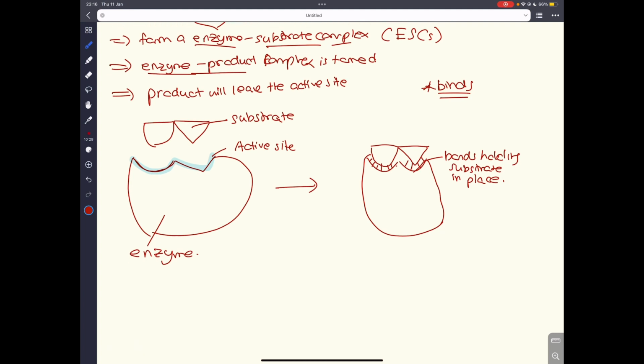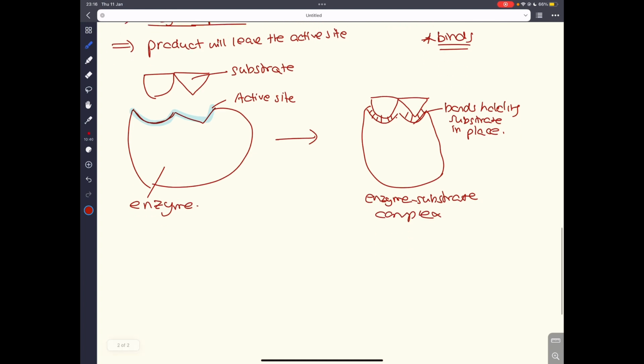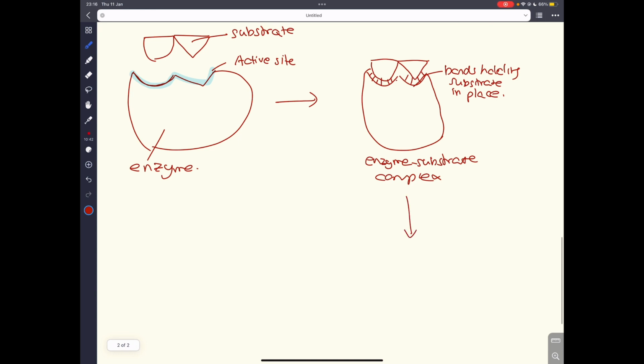This is called the enzyme substrate complex. The enzyme and substrate are bonded chemically together now. It's being held. Next, the enzyme will work its action, and then it's going to become something like this.